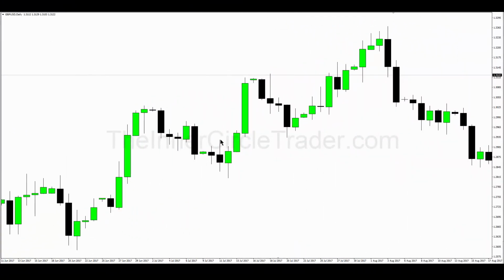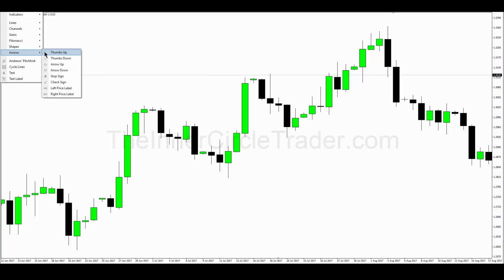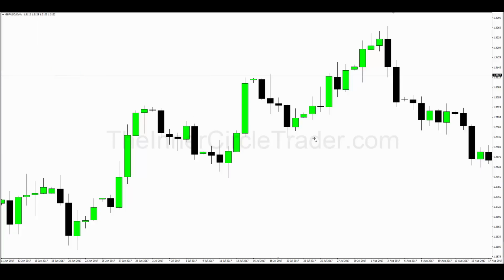Okay, we're looking at the cable. This is the daily chart. I scrolled through and just found a random place. It doesn't make a difference where we start, but I want you to take a look at the price action here, and we're going to look at this swing low right here, and it's on the heels of a previous short-term high.